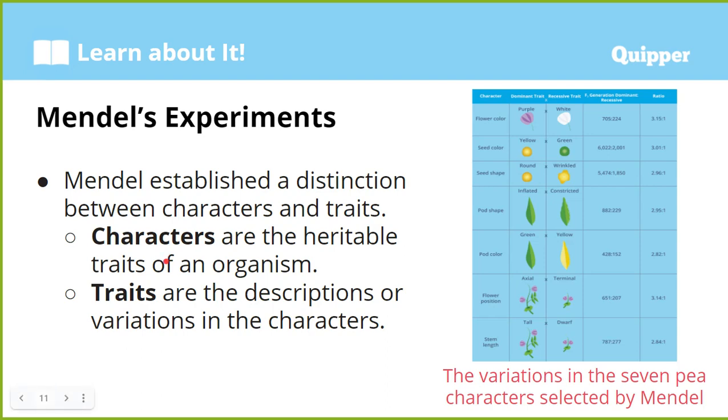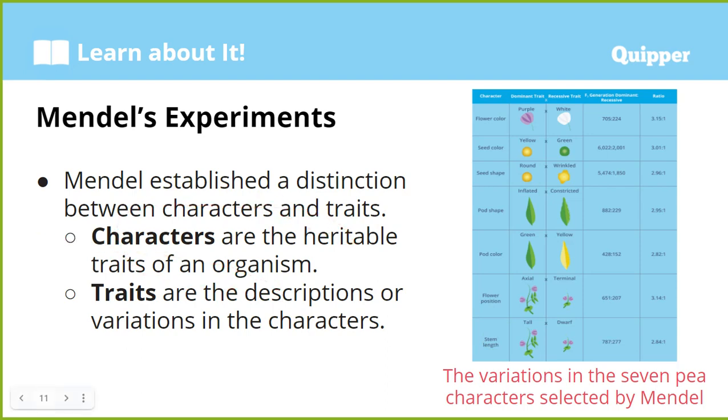Pag sinabing traits, these are the descriptions or variation in the characters. For example, the characters here: flower color, seed shape, pod shape, pod color, flower position, and stem length. Those are the characters. These are heritable traits of an organism.